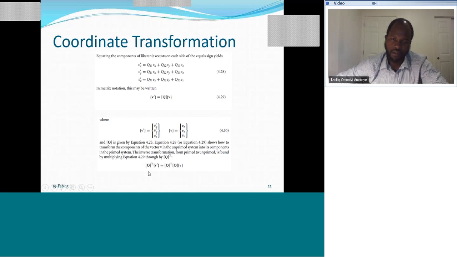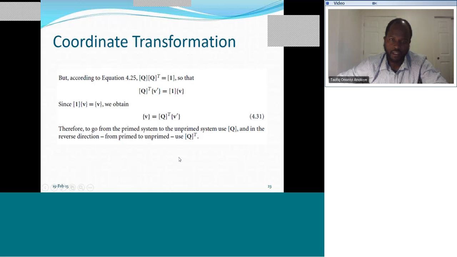That is the transpose of Q times the column matrix of the vector expressed in the unprimed system in the prime system, which is equal to the expression here. We've noted already that the product of the transpose of Q and Q is equal to the identity matrix, which is 1.